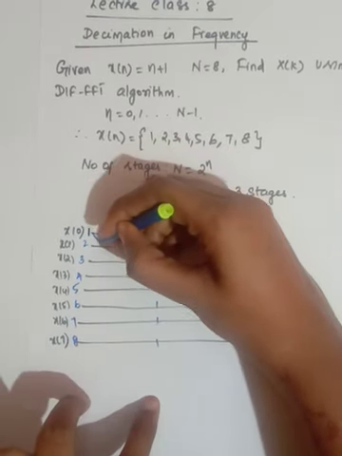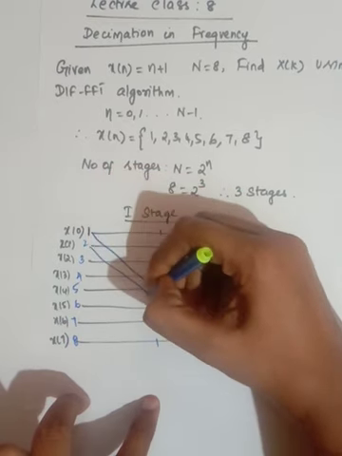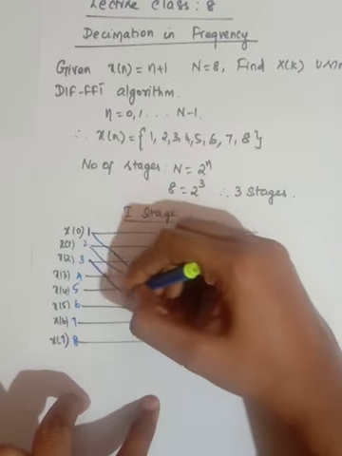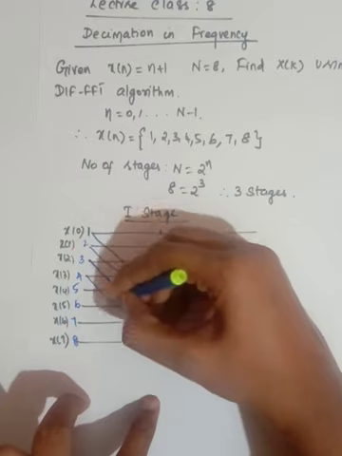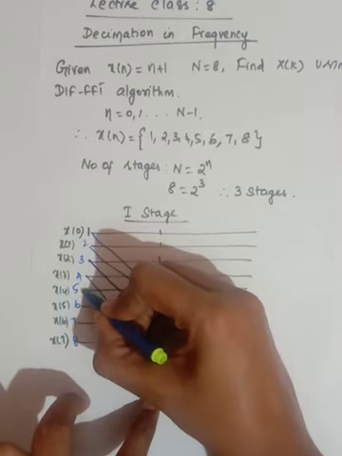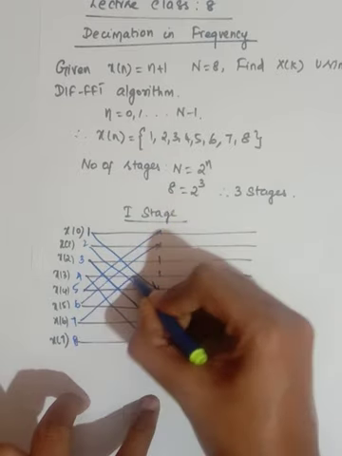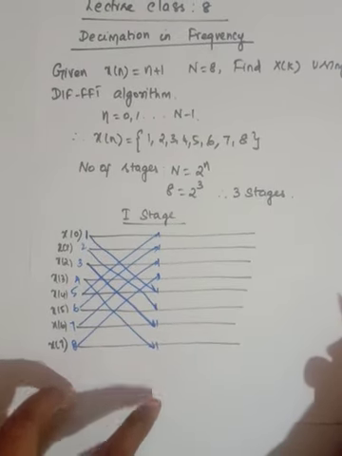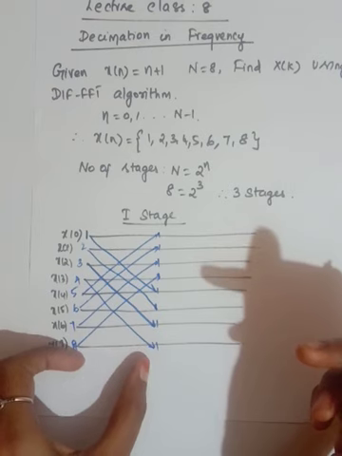We need to draw in this order: 0 to 4, 2 to 6, and so on, with 5 to x of 0 and x of 6 to here, and this one. Like that we need to draw it, the same flow graph we drew in the last stage, but here we are drawing it in the first.